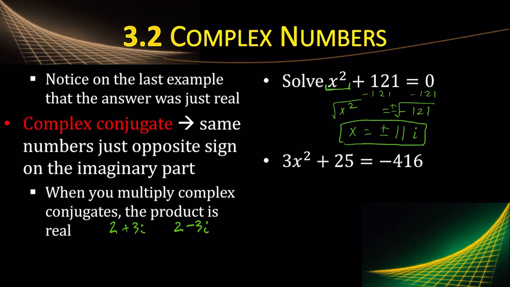Let's try one more. Again, the x squared is the only place we see x, so we can move everything away from that x. Subtract 25. So we get negative 441. Divide by the 3. So we get negative 147.